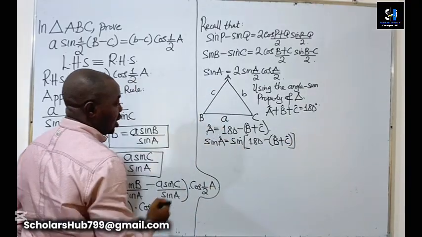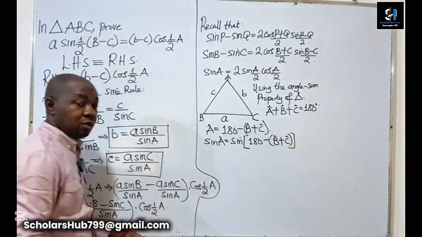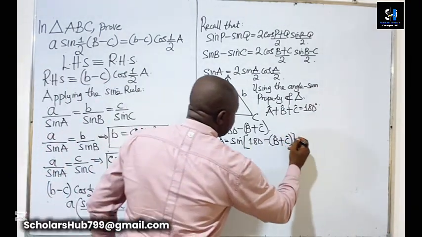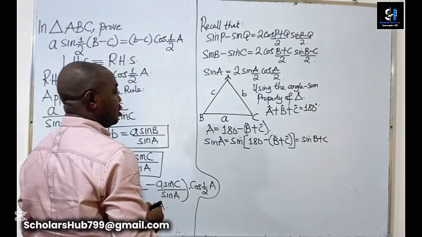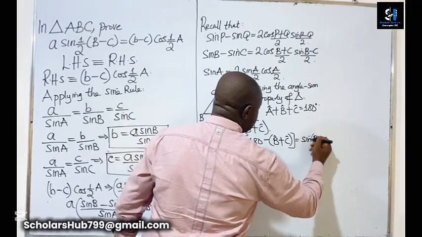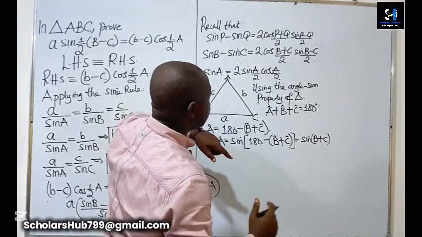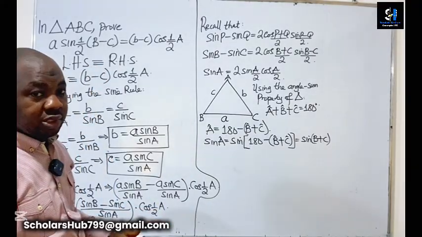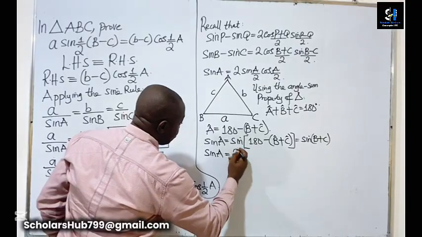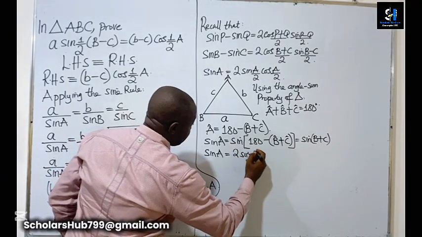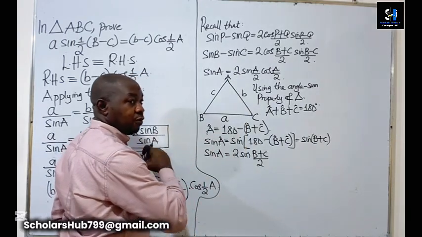And when we have sine of [180 minus the sum of angle B and angle C], this will be equal to sine (B plus C). So sine A will be equal to sine (B plus C). Which means that sine A will now be equal to 2 sine ((B plus C) over 2) multiplied by cos ((B plus C) over 2), using the half angle formula.